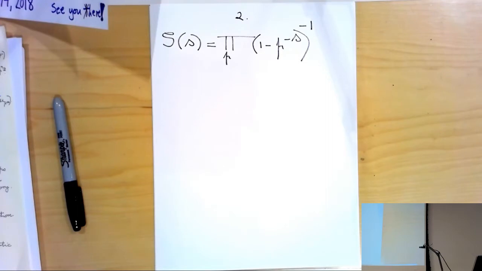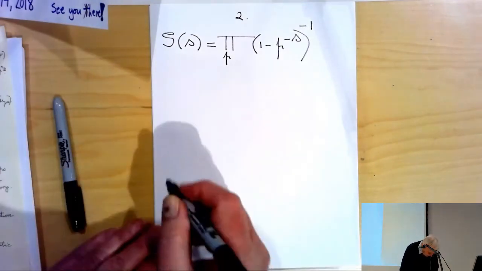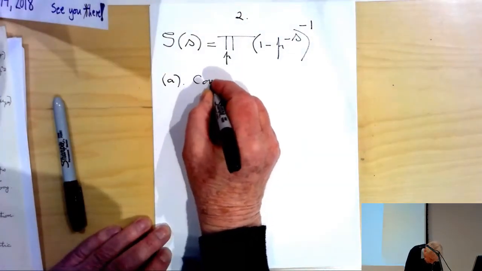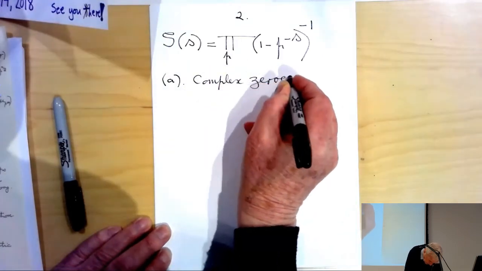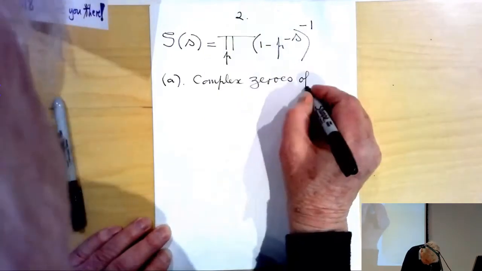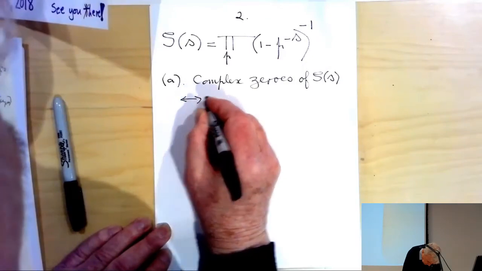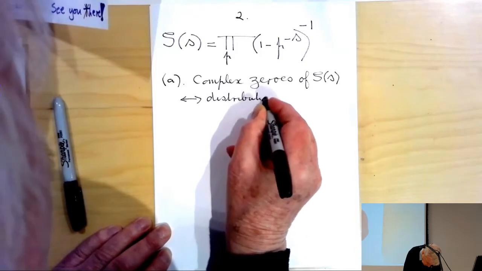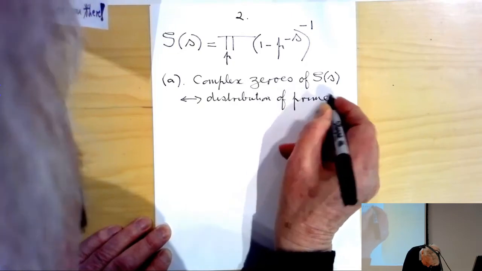And the one thing I want to mention first is that the behavior of the non-trivial complex zeros of zeta of s is related to the distribution of prime numbers. This, of course, is Riemann's great discovery.